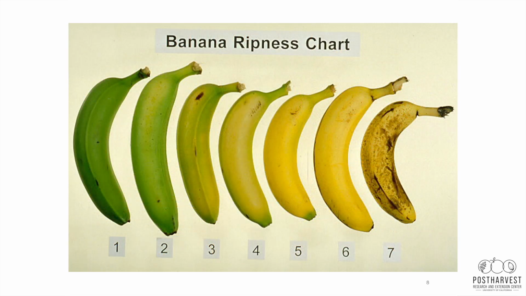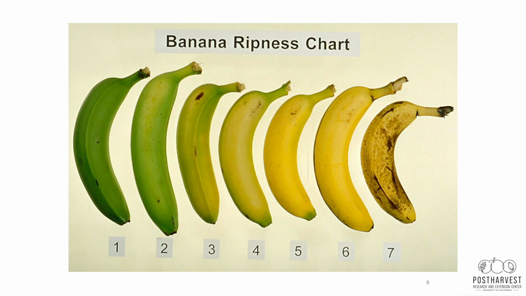So there are different stages of ripening, similar to the different stages of tomato ripening that was shown. Typically the fruit will be received in either stage 1 or stage 2, and the fruit are normally ripened to somewhere in here. Looking at this picture, you see how angular this fruit is.